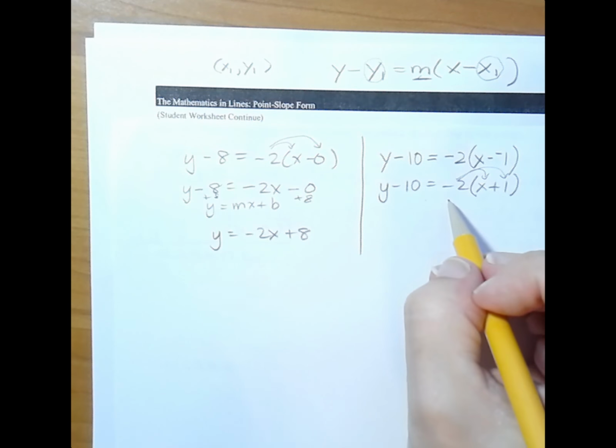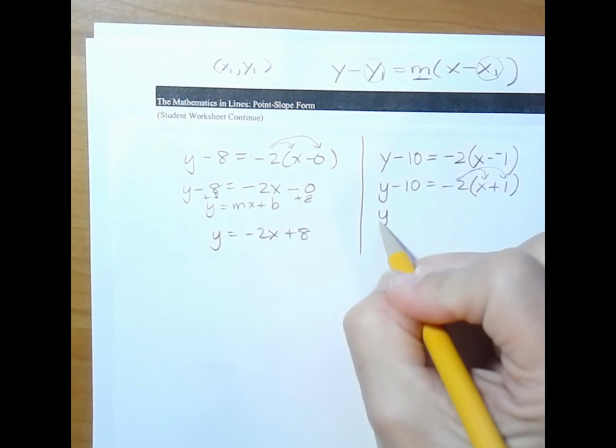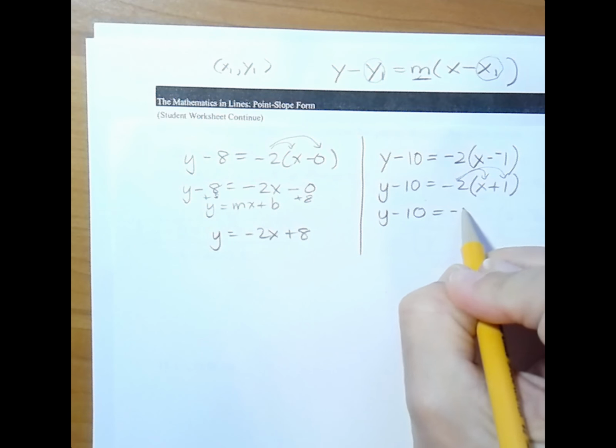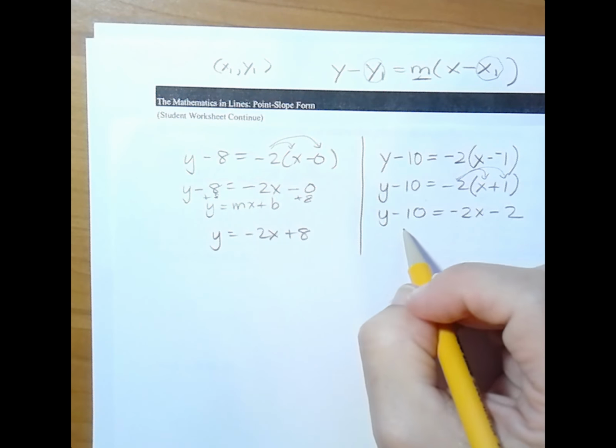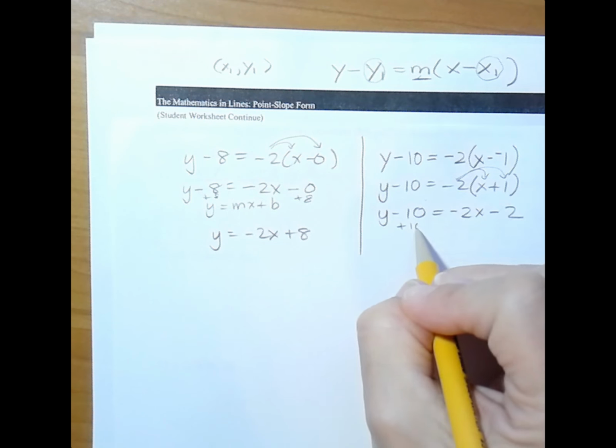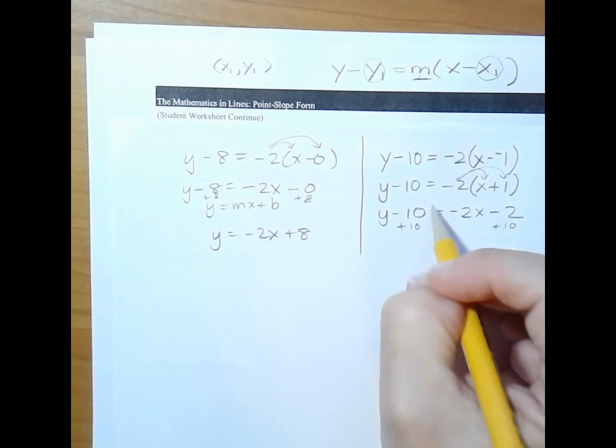Let's see what this one looks like when we do that. If I distribute, and then I want to get y by itself, so I would have to add 10 to both sides.